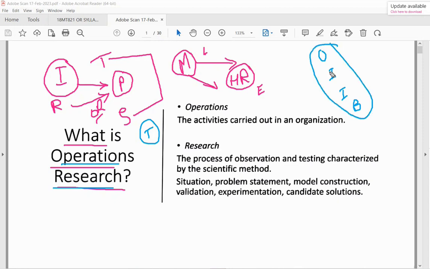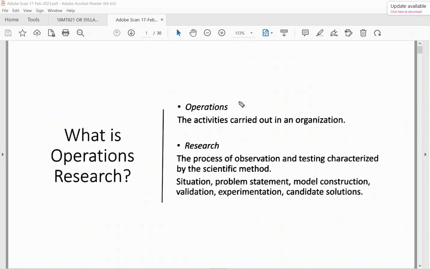Obviously, proper research is required to make effective production from that model itself. That is the research required for the particular operation. Next, operations are nothing but the activities generally carried out in the organization.